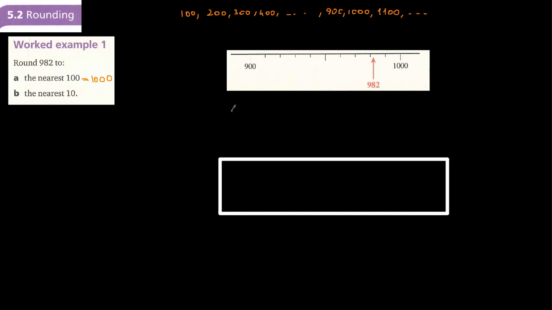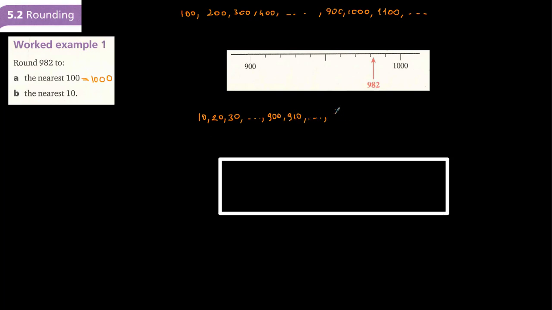If we are talking about the nearest 10, it means that we are talking about 10, 20, 30. We can continue like this. Then it will be 900, then 910, it may continue like this.